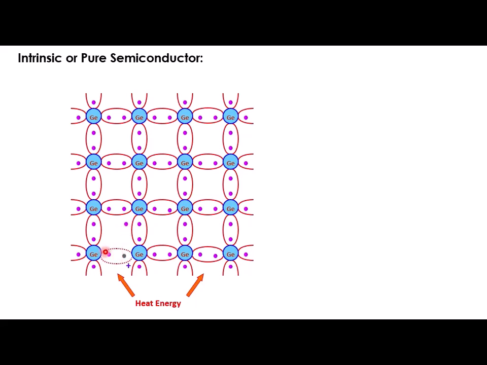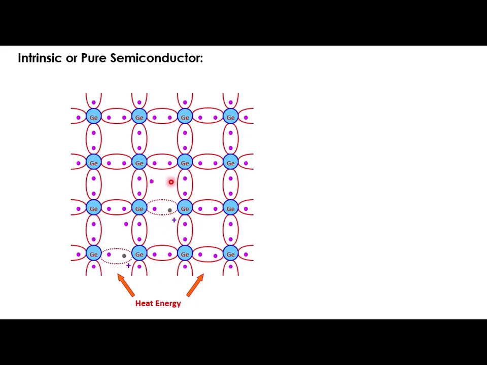When heat is supplied, this bond gets broken and one electron of this bond is excited and freed after breaking the bond. Similarly, another bond can also break so that one electron will leave the bond and get freed for the process of conduction.